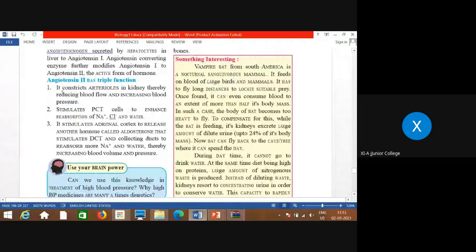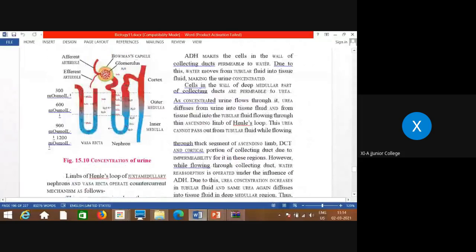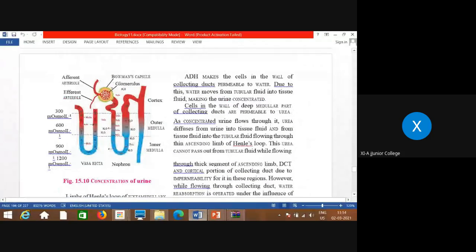Now what is the function of angiotensin 2? It constricts arterioles in the kidney, thereby reducing blood flow and increasing blood pressure. Try to understand this diagram. This is the Malpighian body, the corpuscle, that is the Bowman's capsule, afferent and efferent.